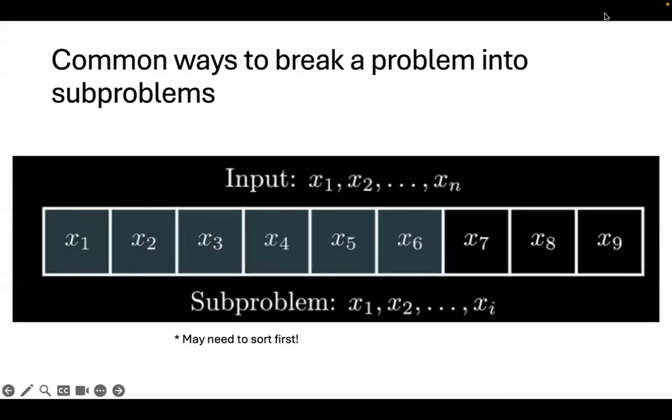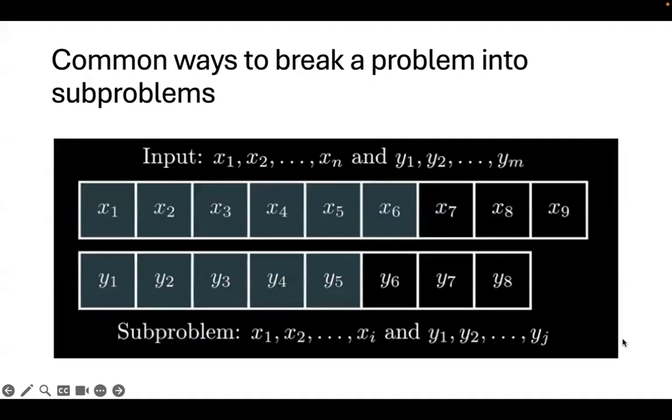Then there are some examples for how we can break the problem into subproblems. If we're given just an array, you look at only part of the array. Either start at the beginning and build up, or go from the end and break down. You might need to sort it first if it's not sorted. Similarly, if you're given two arrays, maybe holding different information, it's the same kind of thing, but you might need two variables to keep track if they're different sizes.